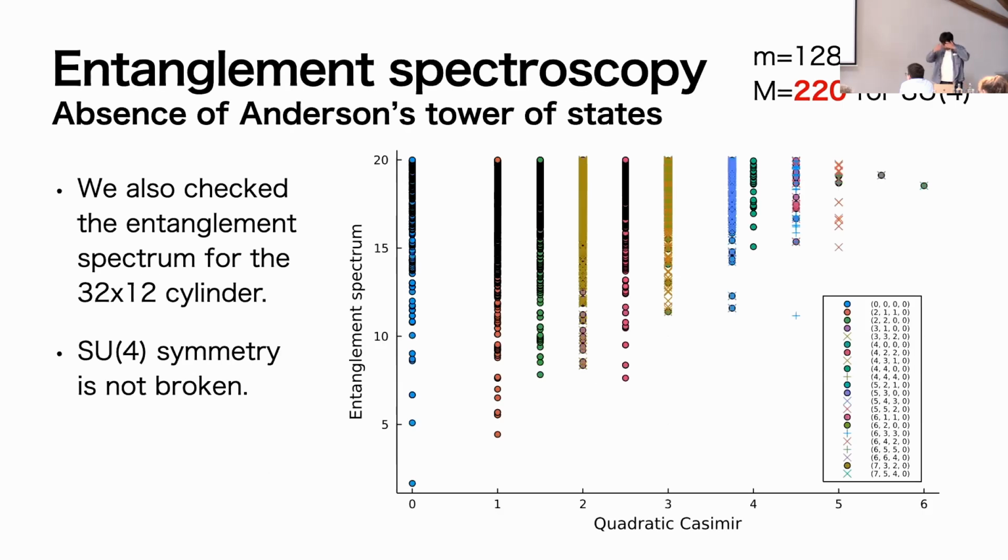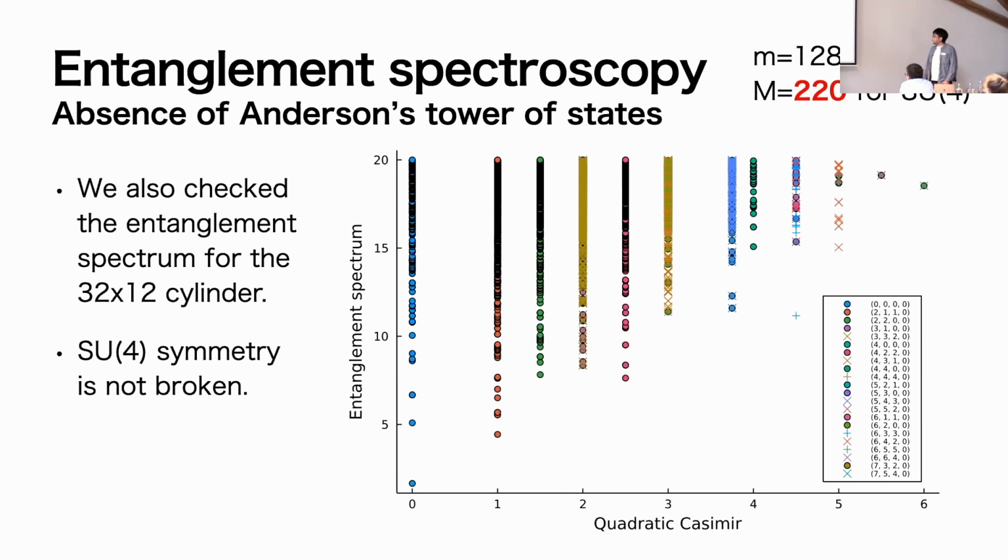And I will also show a bit of a difficult figure on the entanglement spectrum. We also check the entanglement spectrum with this kind of SU4 labeling, but the important thing is that this is essentially the same as what people do in ED as Anderson's tower of states spectroscopy.